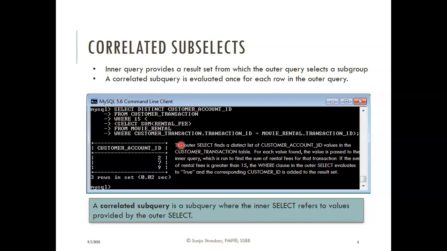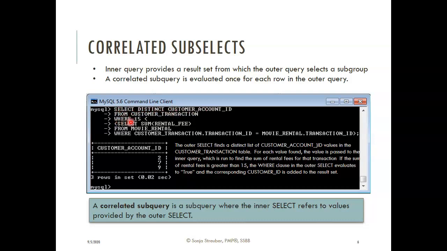And the inner query does provide the subset that the outer query is evaluating. The one big difference is that correlated subselects are connected not through in, but through a comparison or through arithmetic.